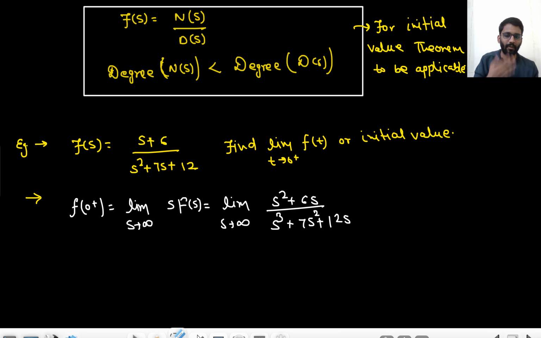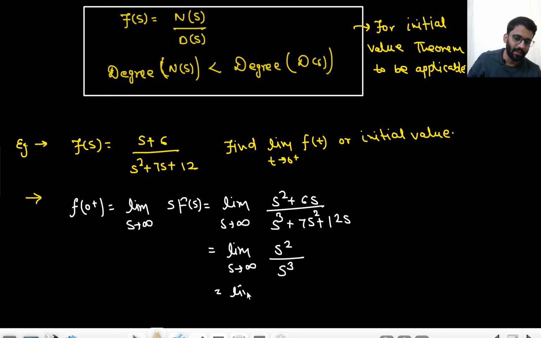Are you getting my point? For the numerator, s square plus 6s, s square is much larger than 6s, so it will be s square. In the denominator, s cube is much larger than s square and s, so it is replaced with s cube only.